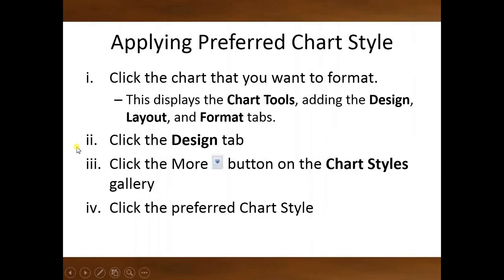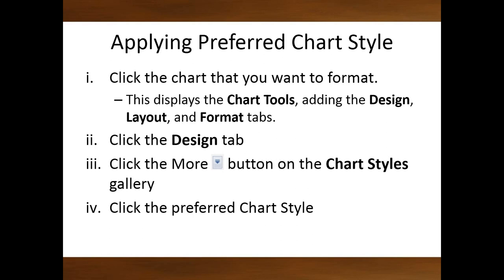The next thing we will learn about charts is how to apply chart styles. We know what styles are, but if you have to refresh your memory, we said a style is a combination of formats that can be applied all at once together.